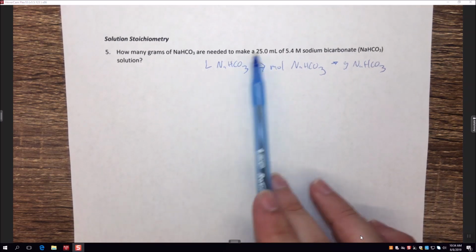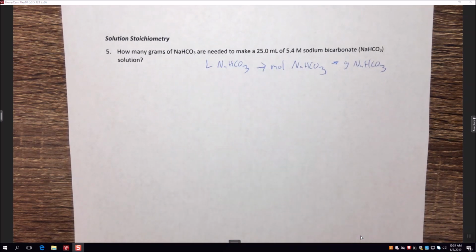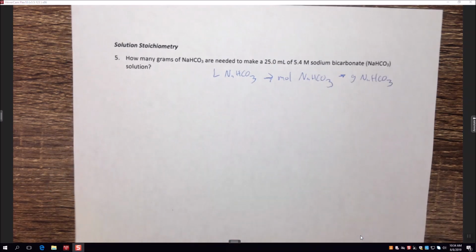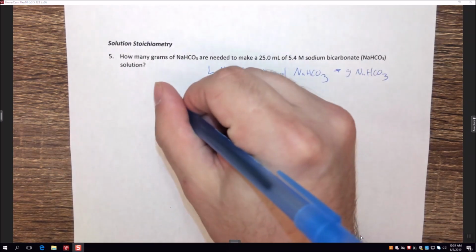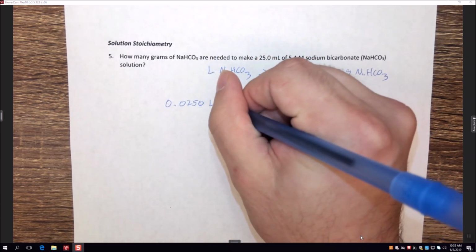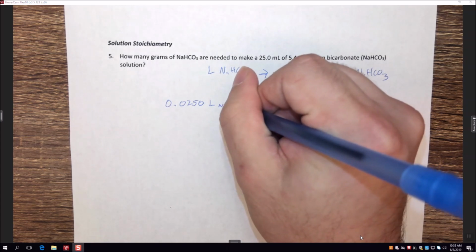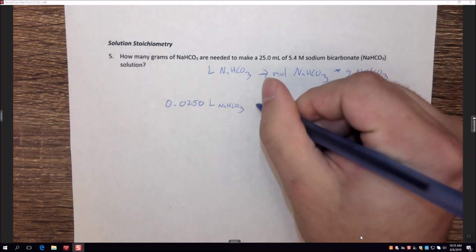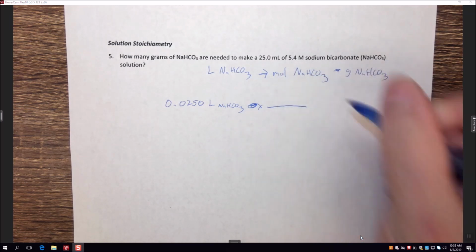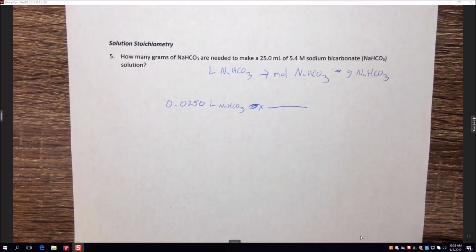We're going to start with liters of solution. We had 25 milliliters of the solution, so we're going to divide that number by 1,000, and we're going to start with 0.0250 liters of NaHCO3 solution. And we're going to convert that to moles of NaHCO3.